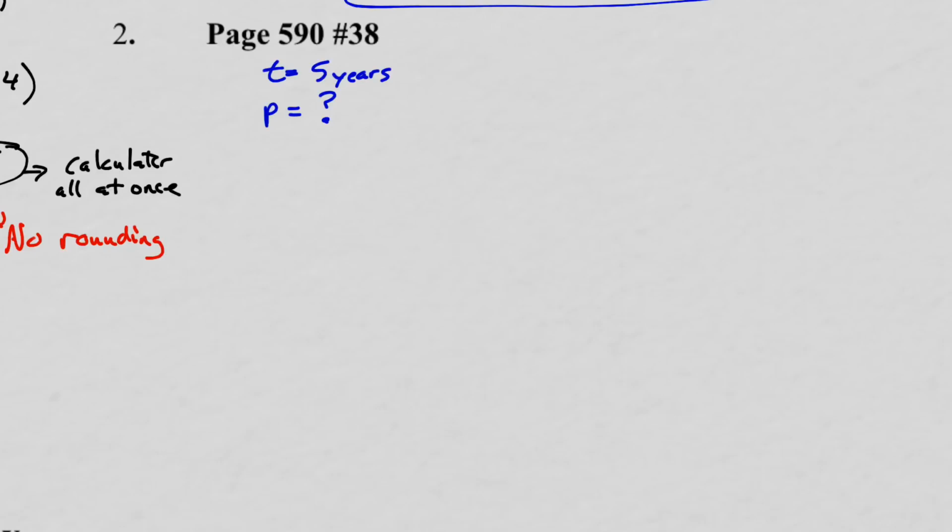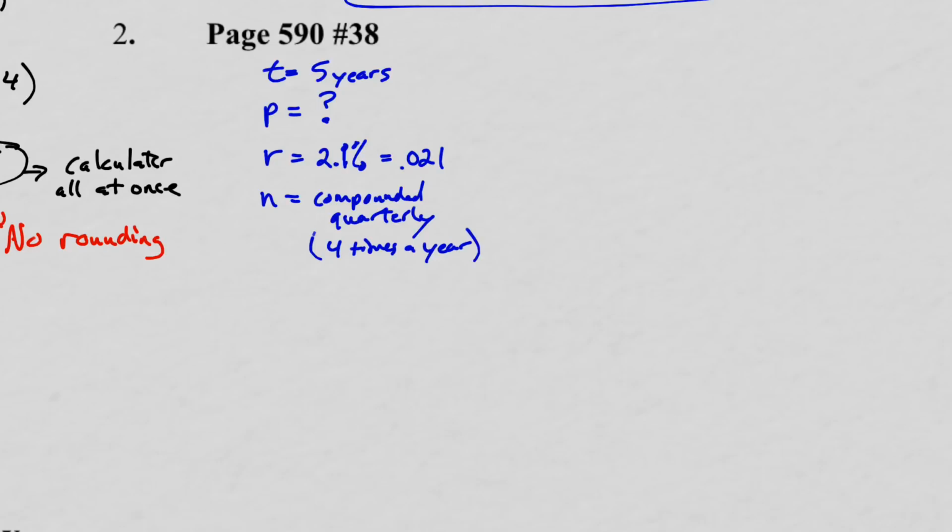How much she should invest now, with a rate of 2.1%, which is 0.021, compounded quarterly, which is 4 times a year. So we need 4, in order to have $6,000 in the account. So A is going to equal $6,000.